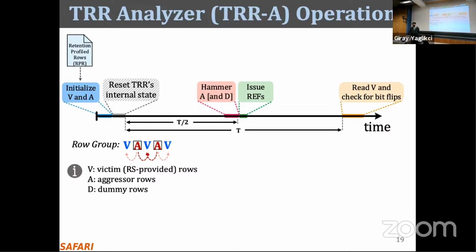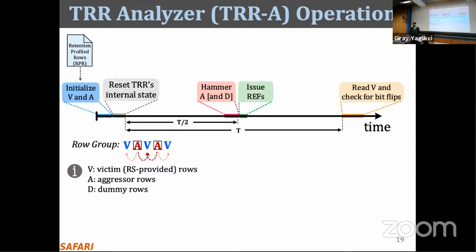This is when, in this experiment, the aggressor hammers happen, right? Right before the refreshes. And this is again important because if we perform the hammers later after the refresh, that doesn't make sense since the TR mechanism is not suspecting an attack. So it has no reason to refresh these victim rows. So we give it that reason.